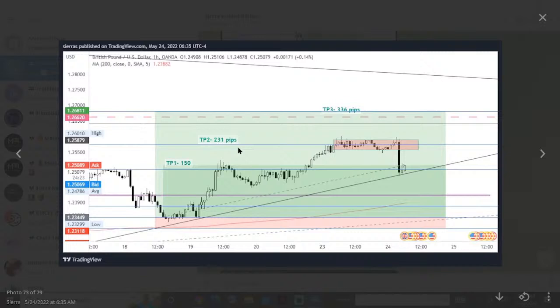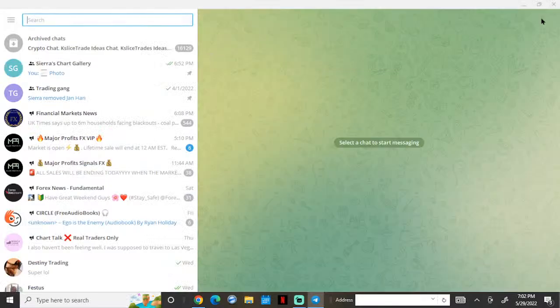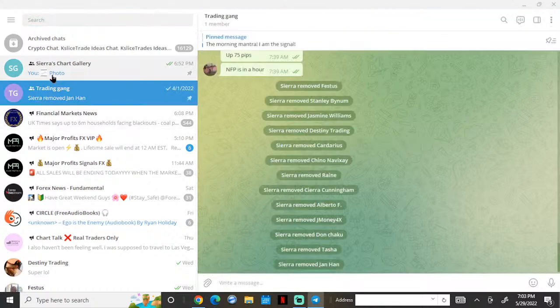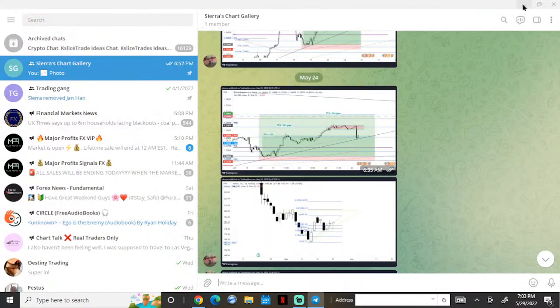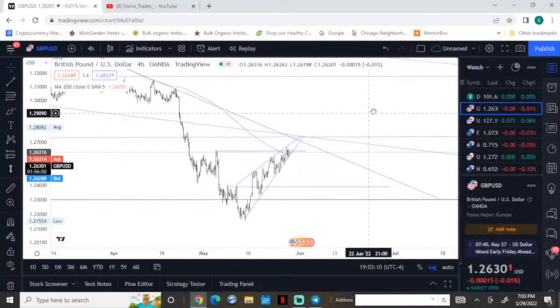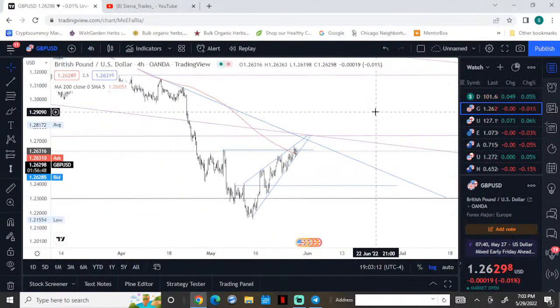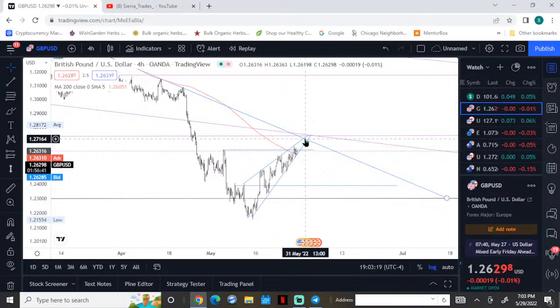I caught 231 of those pips. And then it got a little weird over here because of news. But I was able to get in and catch that consolidation area right here. But yeah, what did I just do? Okay. So now it looks like we might get a retest of this line and then a drop.